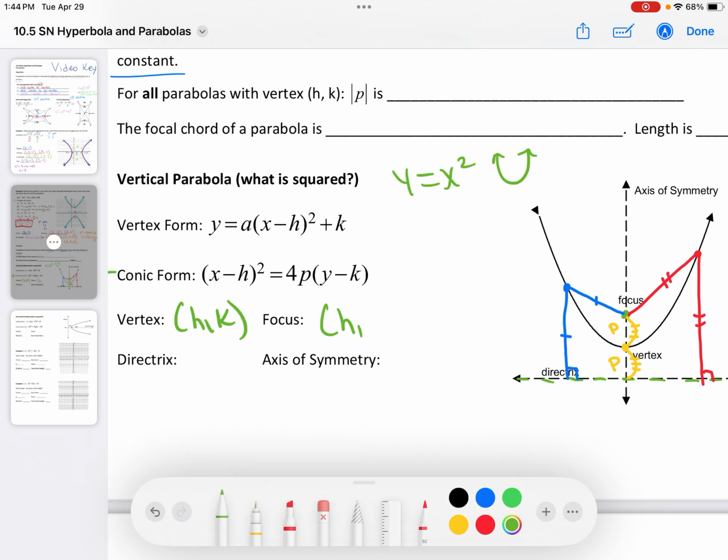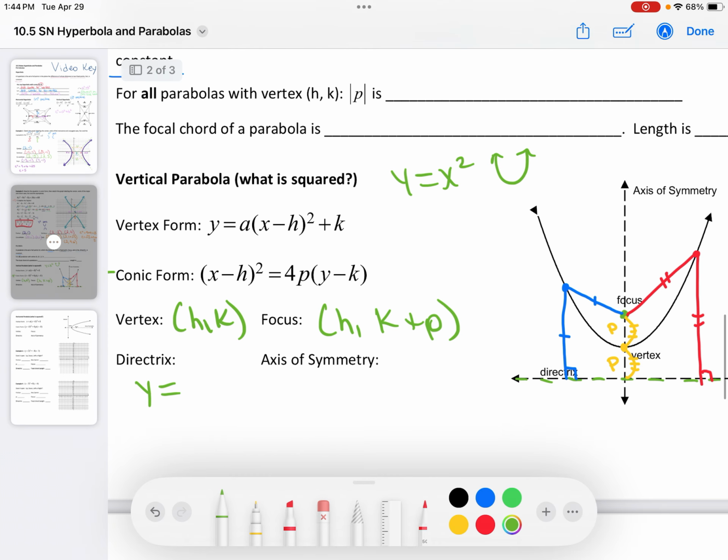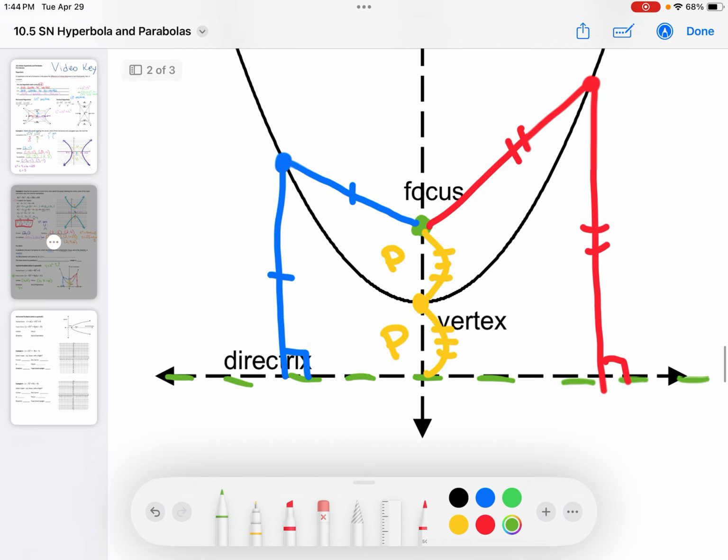So that focus has the same x coordinate, h. The y coordinate is k plus p. Now, beware, p can be negative, which would turn that into a k minus p. The directrix is a line. It's a horizontal line, so it's y equals. It's p units below the center.